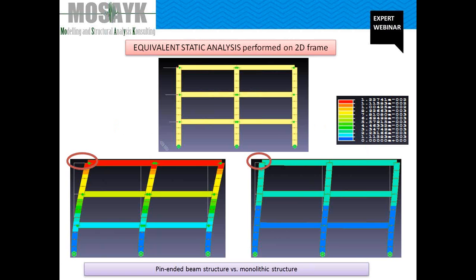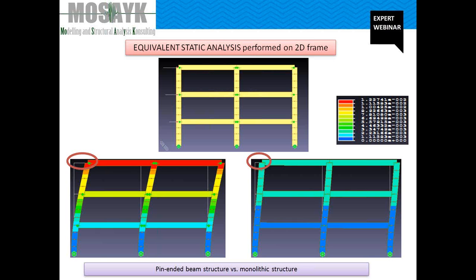Clearly, after a Midas Gen analysis, the left frame with this pinned connection is absolutely more flexible if compared to the fully continuous connection on the right.